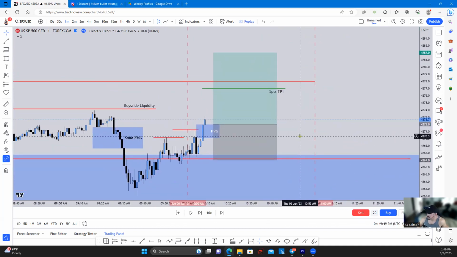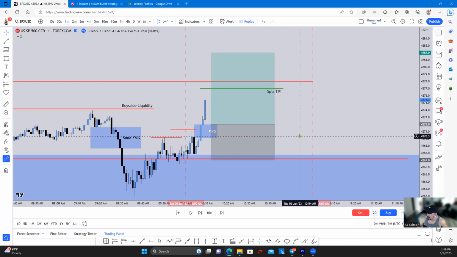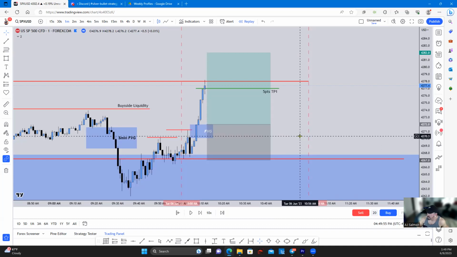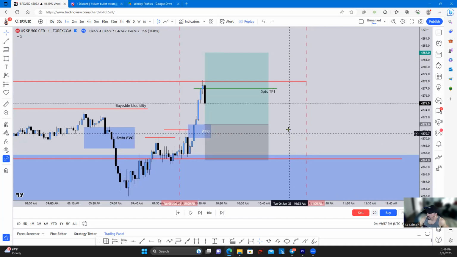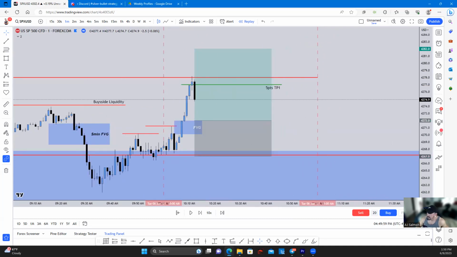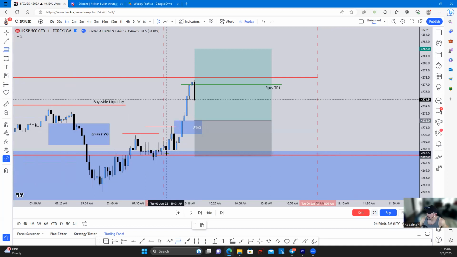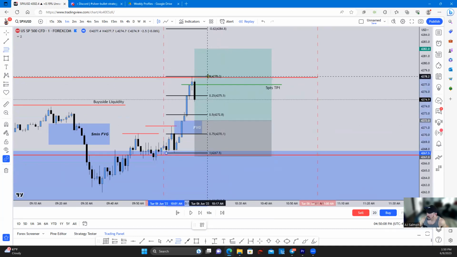So if we play price, does it give us an entry? We push higher, higher. Okay. So at this point is where I would want to pull out my fib here.